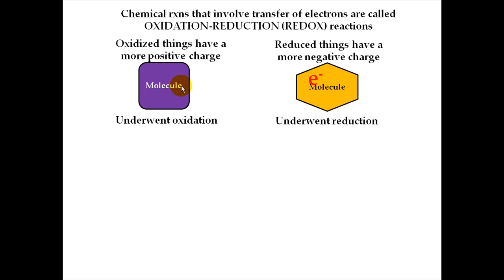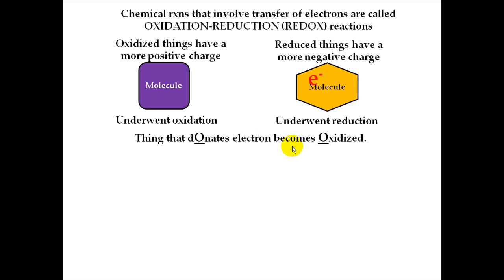There are different mnemonics that people use in order to remember the difference between oxidation and reduction. The one that I use is this. The thing that donates electrons becomes oxidized, and so donate has an O in it. Oxidized has an O in it, so that's how I remember what oxidized means.